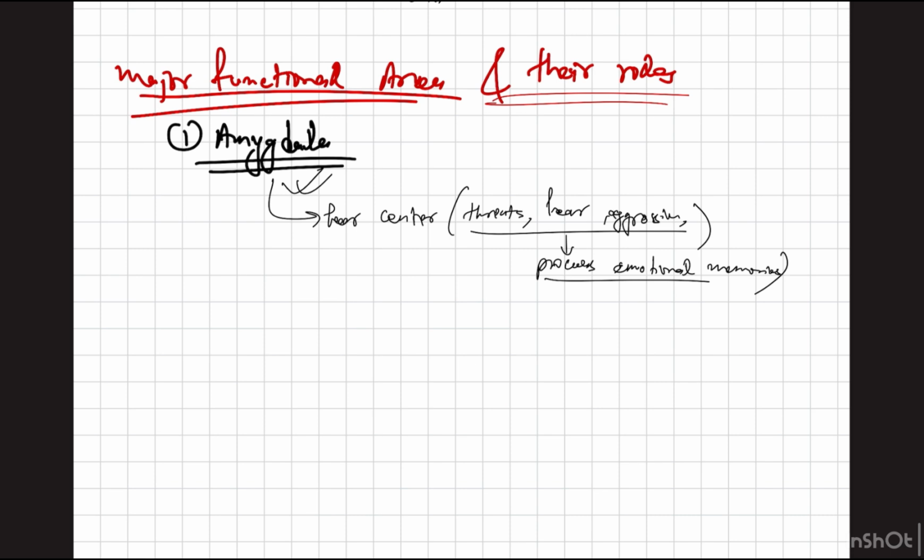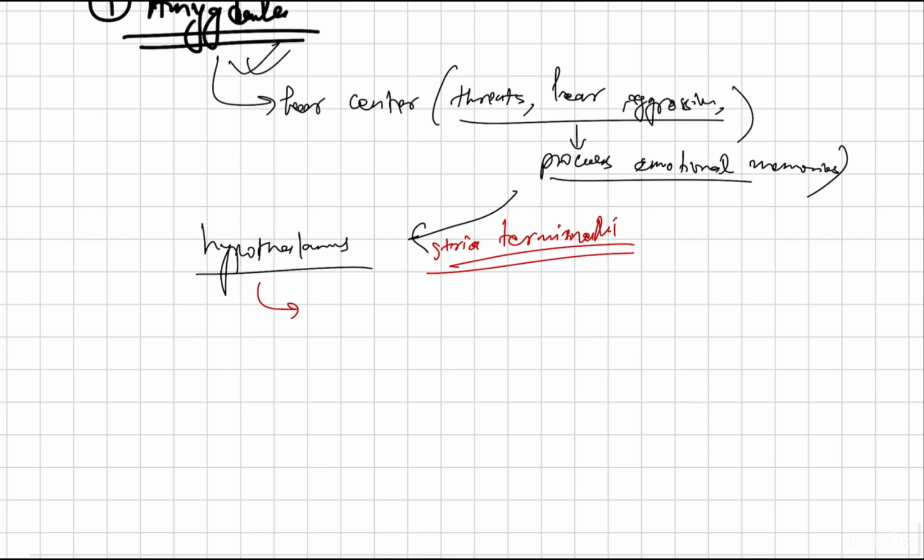When the amygdala detects a threat or fear, it passes the information to the hypothalamus, connected via the stria terminalis. So the hypothalamus starts acting as a trigger for the autonomic response, increasing heart rate.